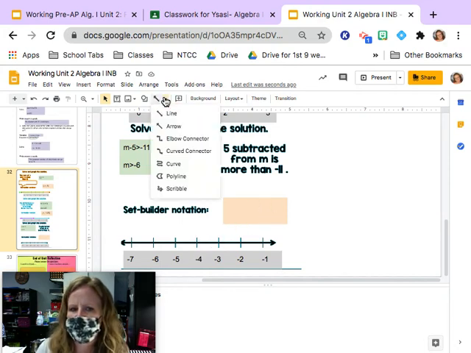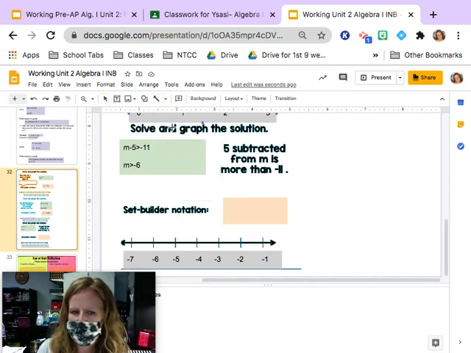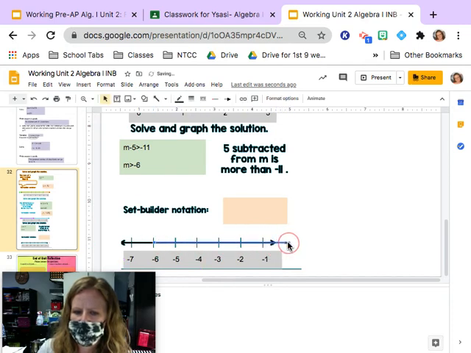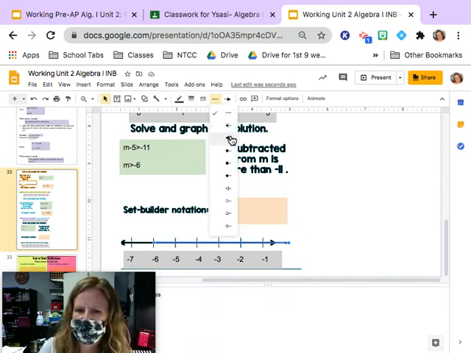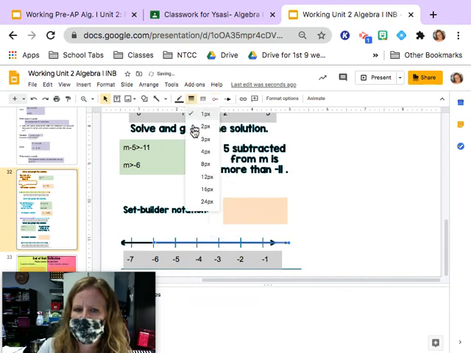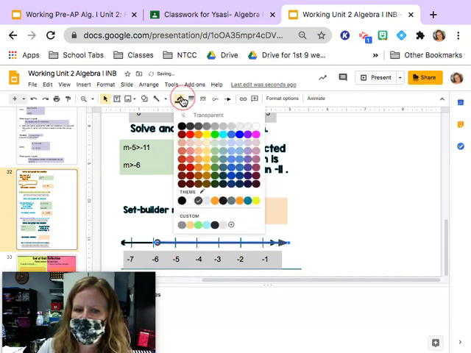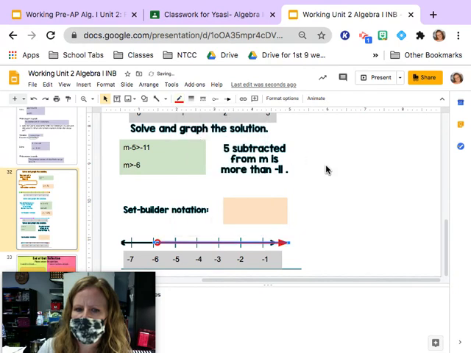Okay, is it going to be open or closed? And which way is it going to point? To the right. So put your arrow pointing right, and it's open. There we go.